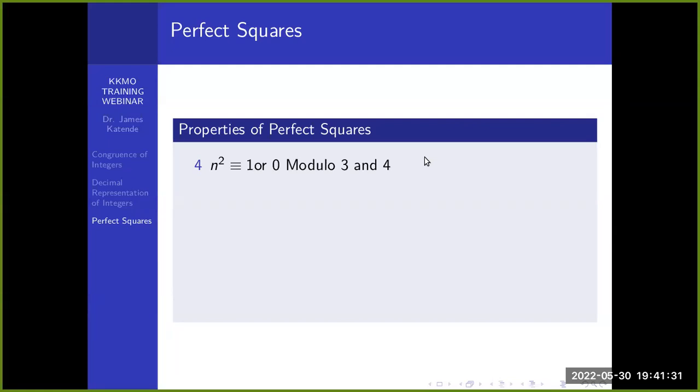I will avoid the proof for that as well, but this is something you can now apply to a problem. If you know that a number is a perfect square, then when divided by 3, there are only 2 possibilities: the remainder will be either 1 or 0. The same happens when you divide it by 4. The remainder cannot be any number other than 1 or 0 if it is a perfect square.